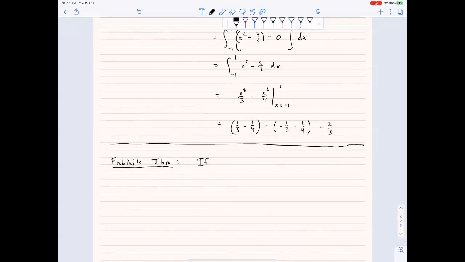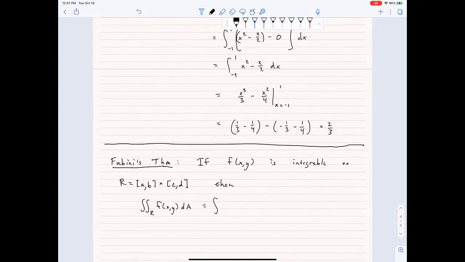So what does it say? It relates these two different notions. It says if f of xy is integrable on this rectangle, then this insane thing we wrote, the double integral, which is a massive limit over all possible double Riemann sums, can be computed by just doing an iterated integral.